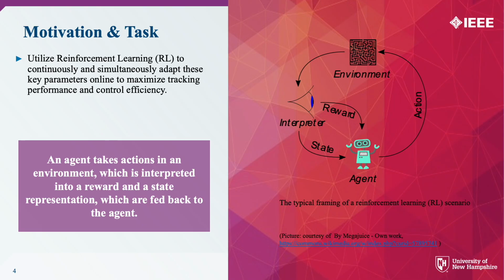It learns a policy to maximize its long-term cumulative reward. Our goal is to leverage an RL agent to continuously and simultaneously adapt the parameters of MPC to maximize both tracking performance and control efficiency.